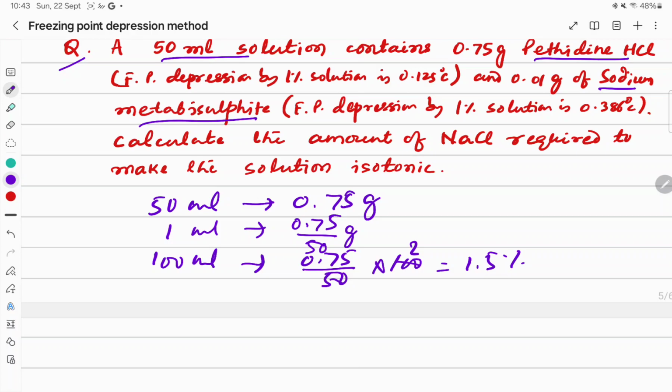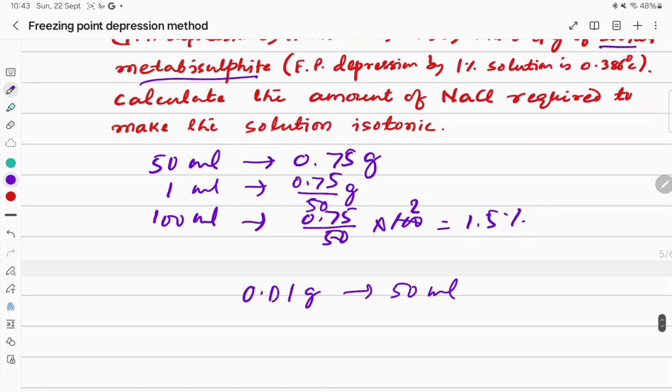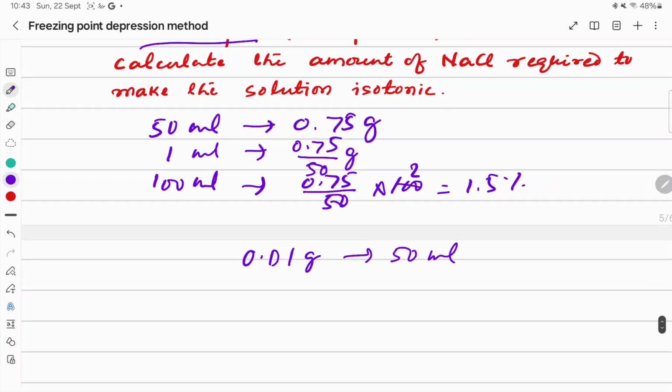Similarly, sodium metabisulfite is 0.01 gram in 50 ml. So for 100 ml, accordingly you can calculate, and it will be 0.02. So for 100 ml it will be 0.02% weight by volume.